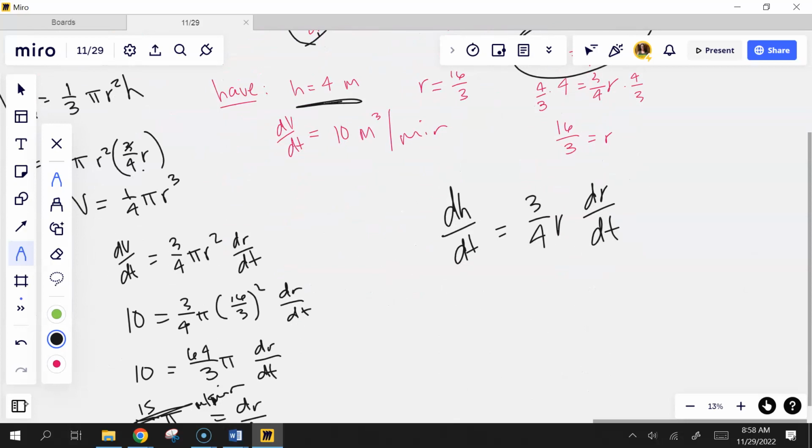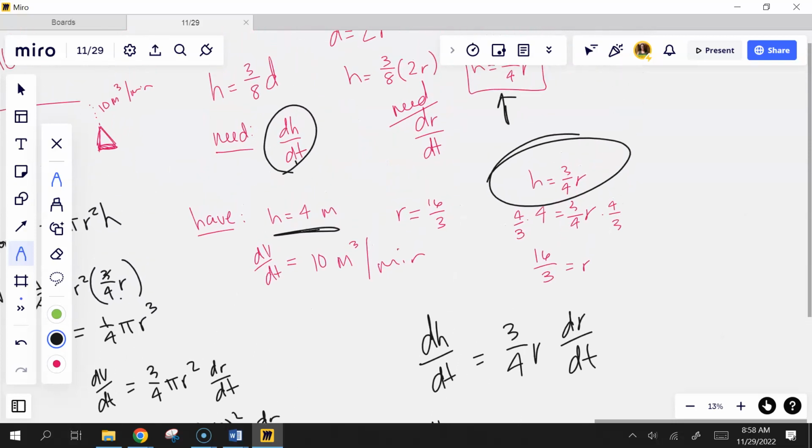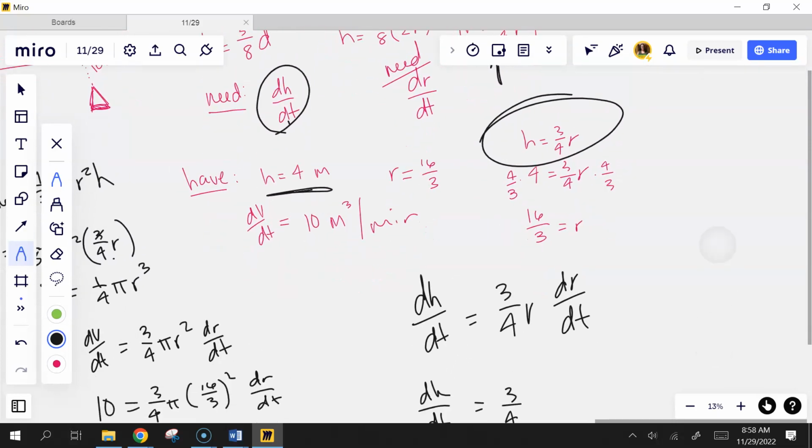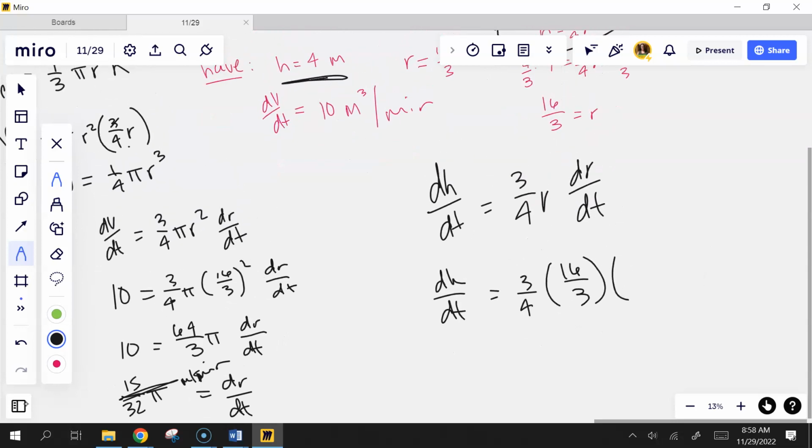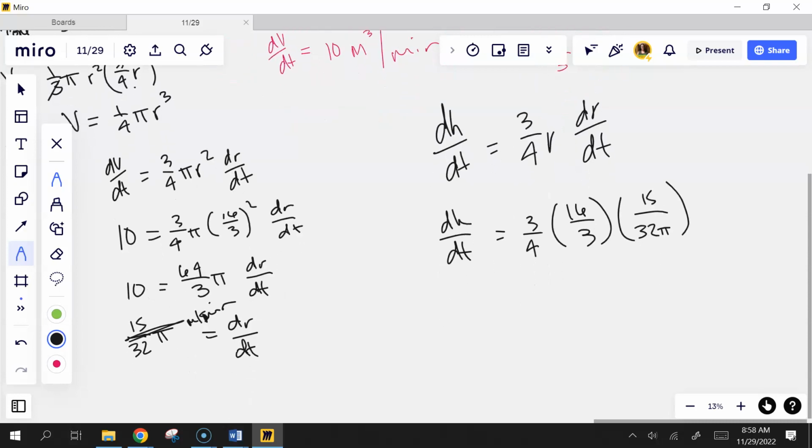So dH/dt would equal 3/4, what was R? 16/3. And dr/dt was 15/32 pi. So whatever that comes out to be.